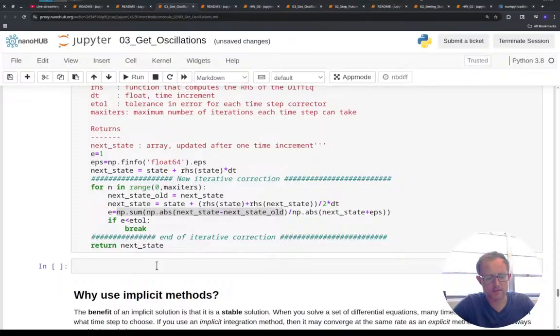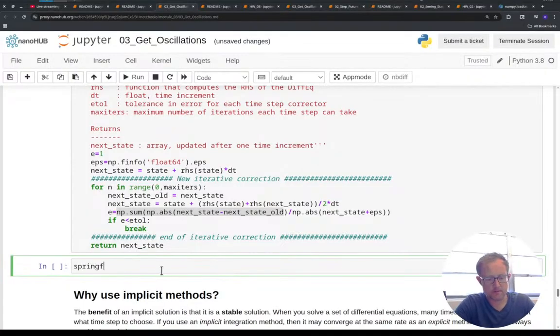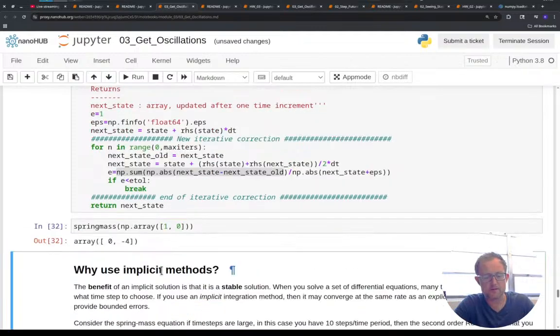And here's my Heun step. Let's take a look at that spring mass. Let's say we're starting 1 meter away from equilibrium and we're moving 0 meters per second. That means we're going to accelerate at negative 4.